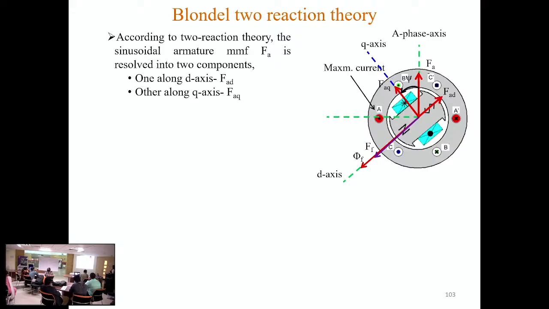The reluctance faced by FAQ also remains constant whatever the rotor position, and it is due to the maximum air gap length. It does not depend on the rotor position.